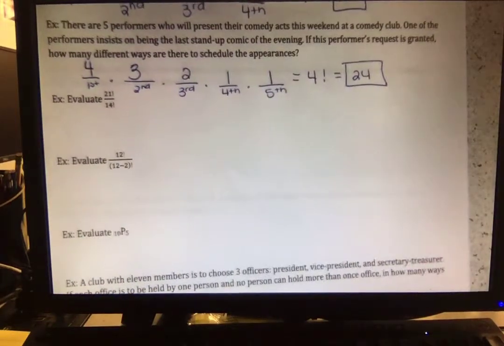If not, next example. Evaluate 21 factorial divided by 14 factorial. Completely a calculator approach.